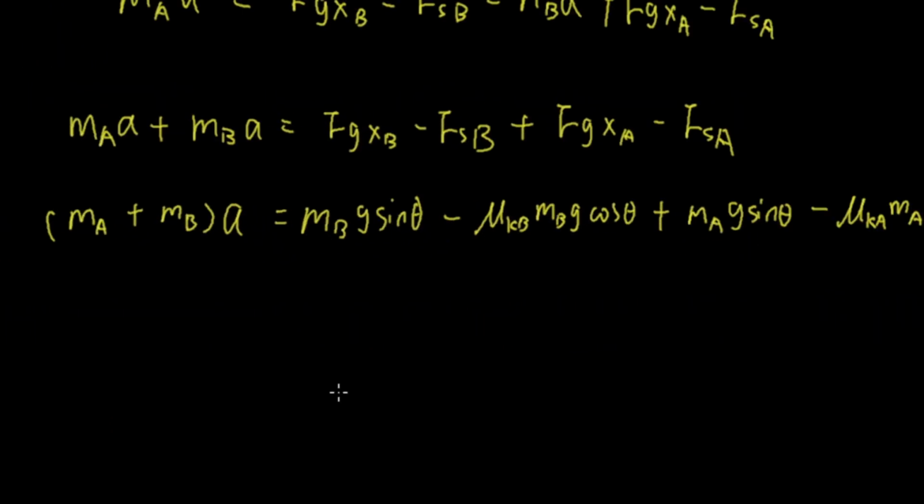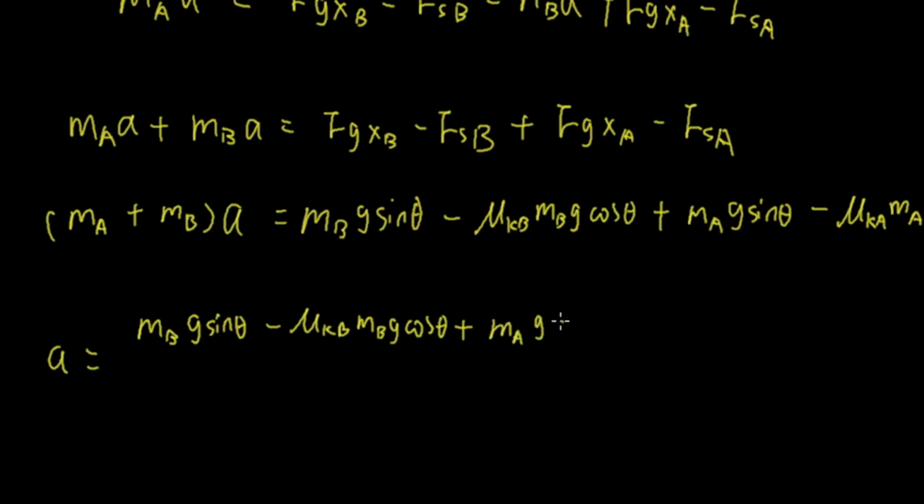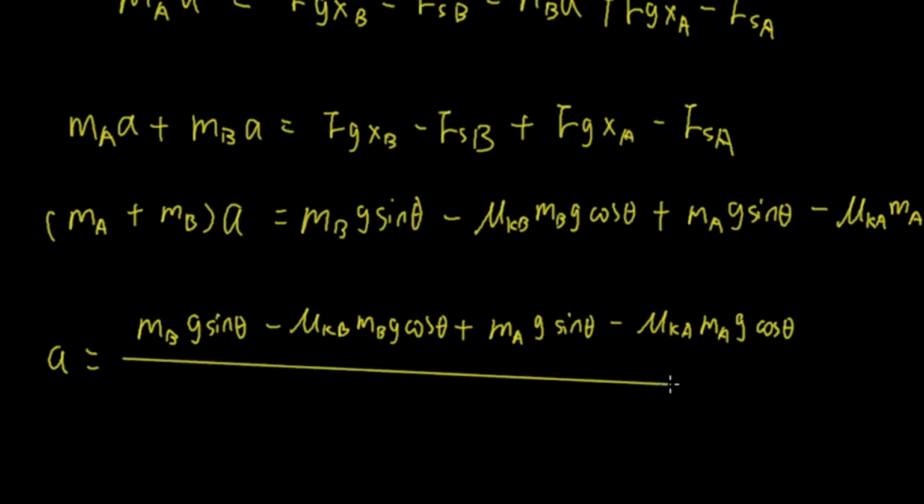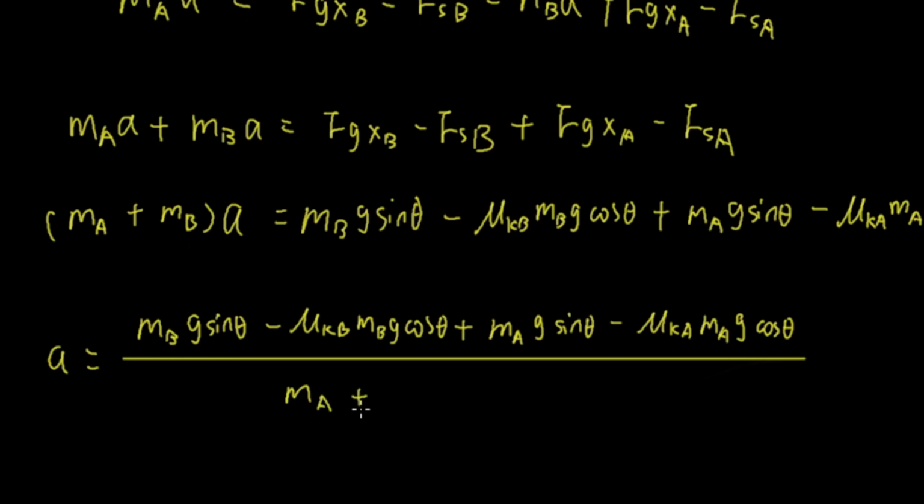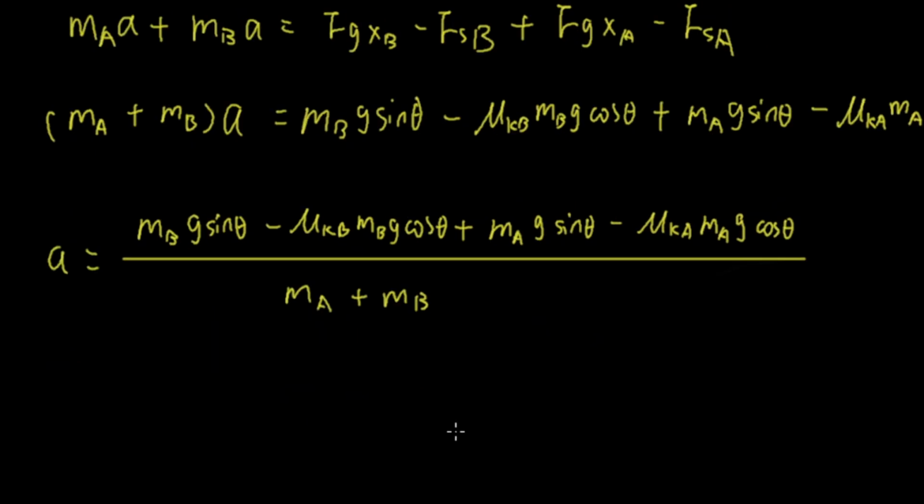Okay, now divide both sides by M sub A plus M sub B to isolate A, right? So A is equal to this. Okay.